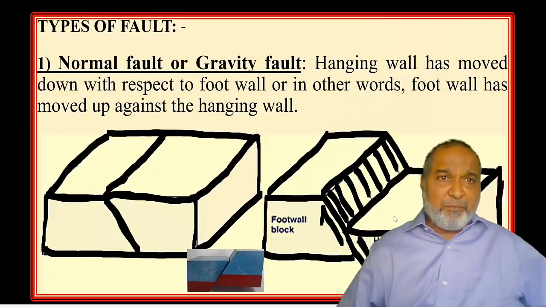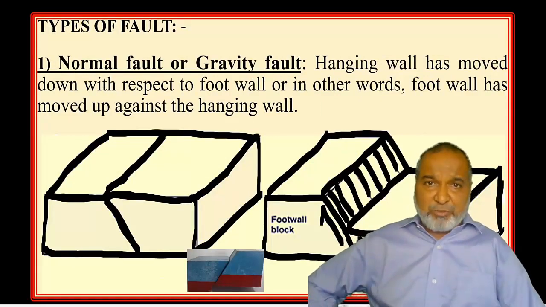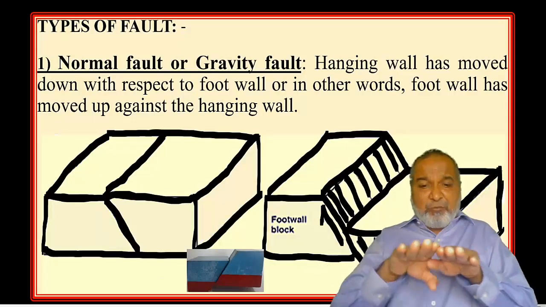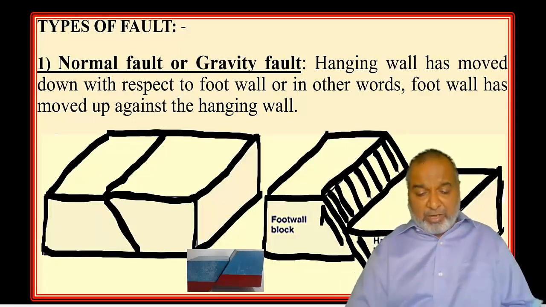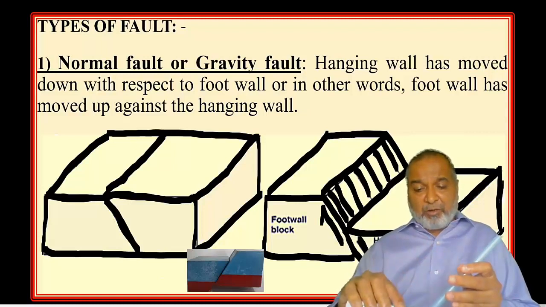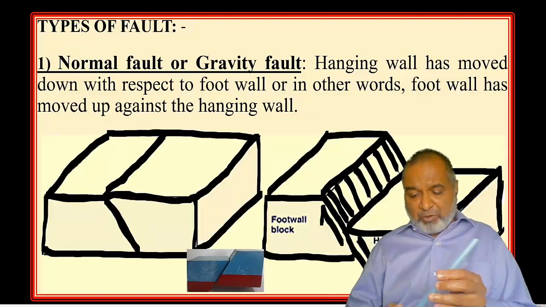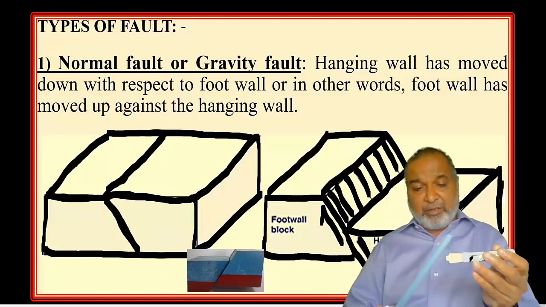Next one, the types of fault. Here we are going to see two types. One is the normal type, which is called a gravity fault. The hanging wall has moved down with respect to the footwall, so the footwall remains on top.